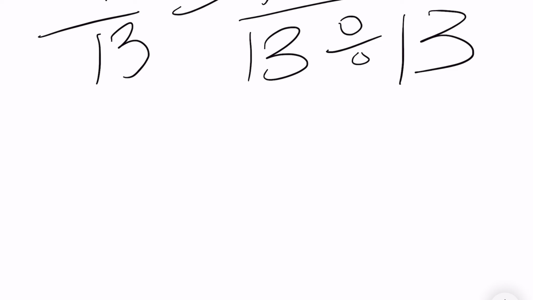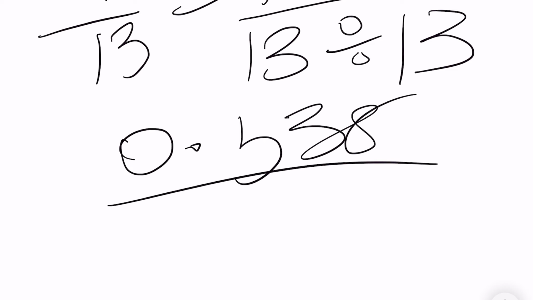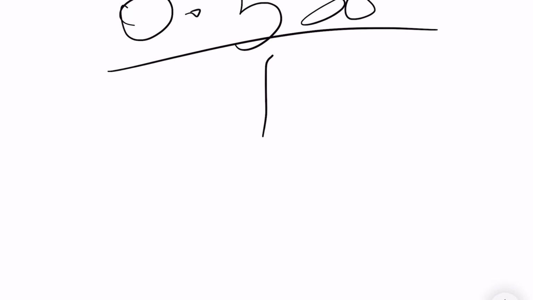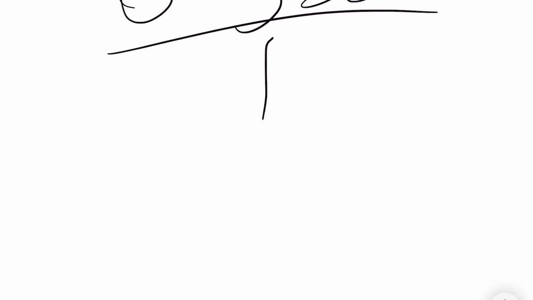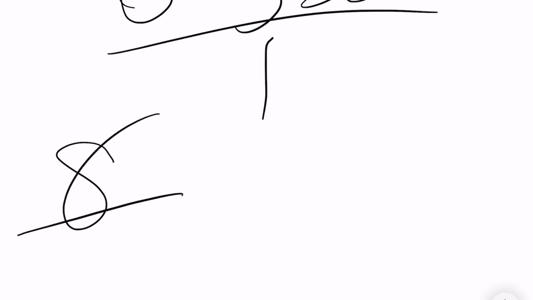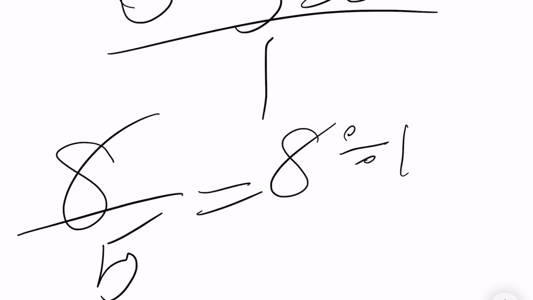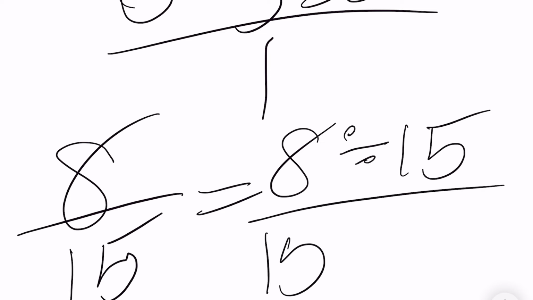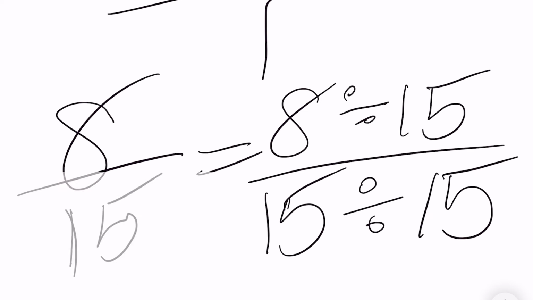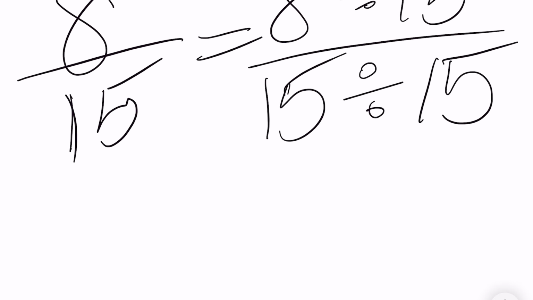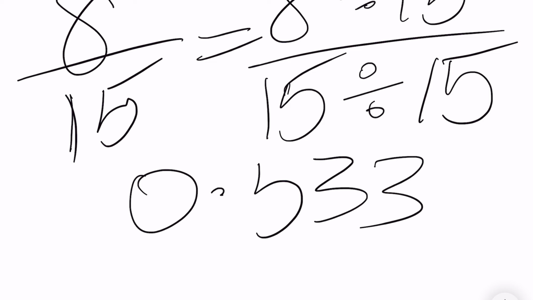So we have 0.538 over 1. Now, for 8 and 15, we have 8 over 15. Here we have 8 divided by 15 over 15 divided by 15, so we have 0.533 over 1.